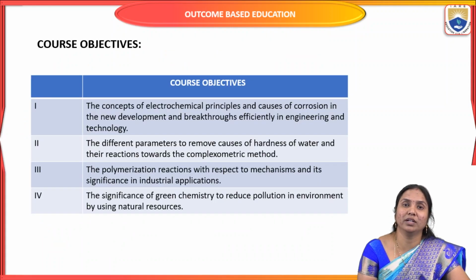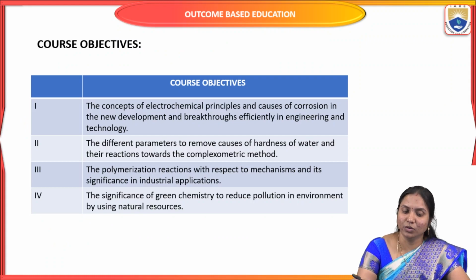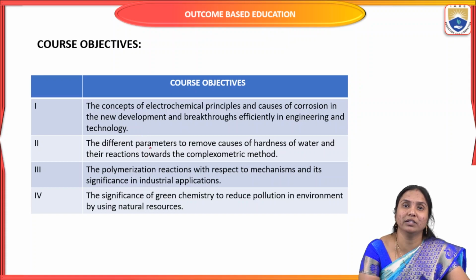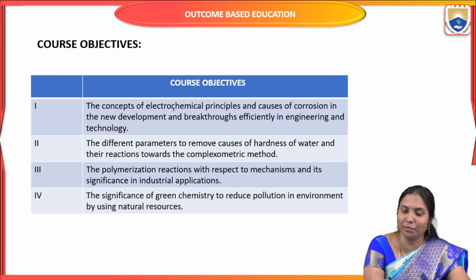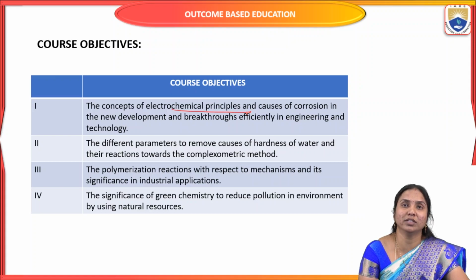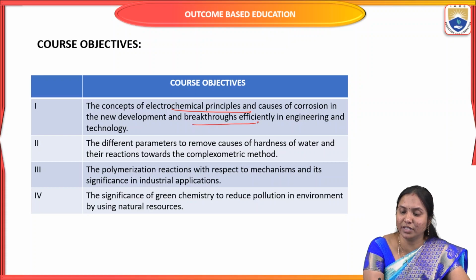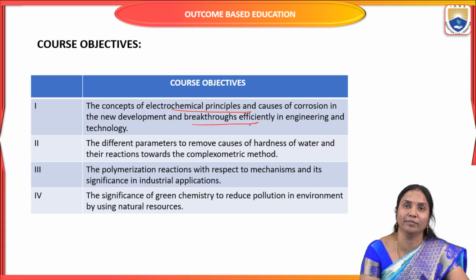Coming to my subject, chemistry. What are the course objectives? There are four course objectives. The first objective is the concepts of electrochemical principles and causes of corrosion, in the new development, breakthrough and efficiency in engineering and technology.